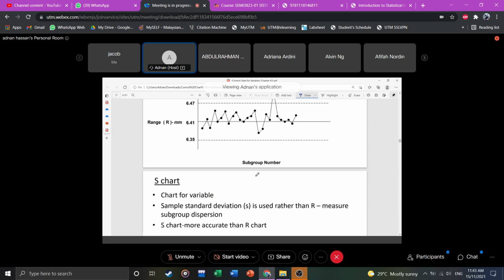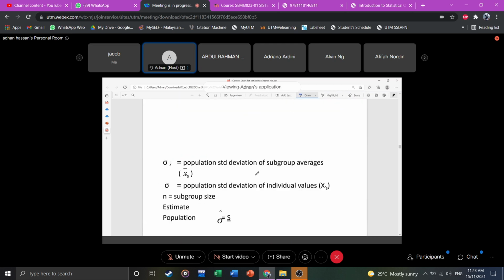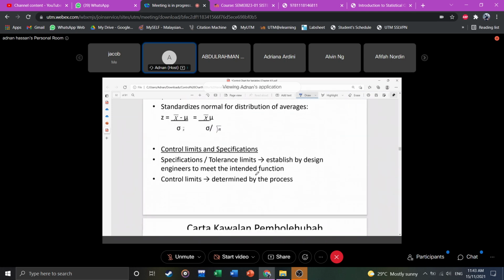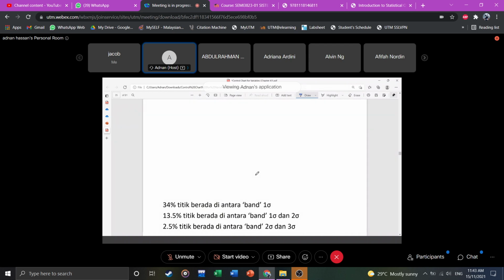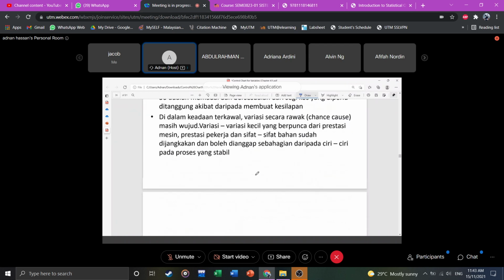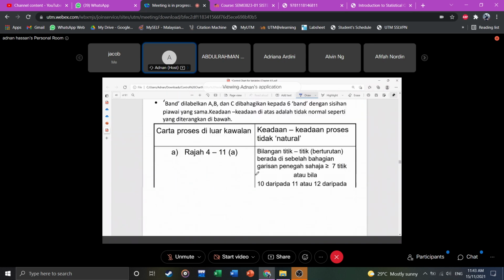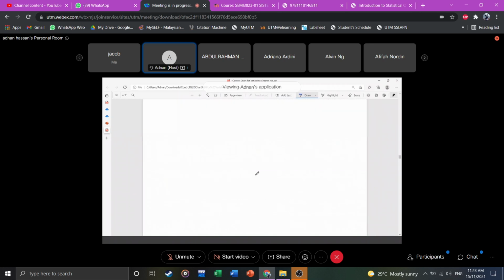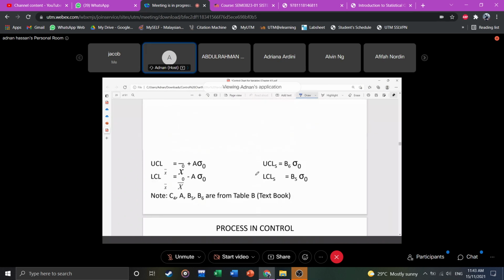So the issue now is, how do we remove data?